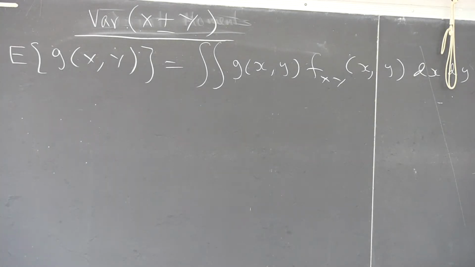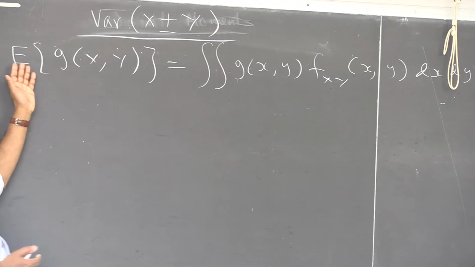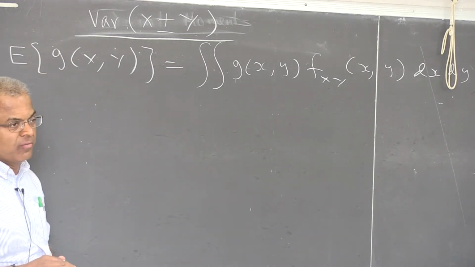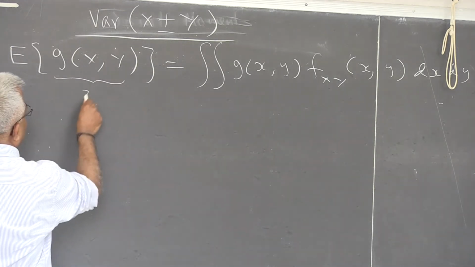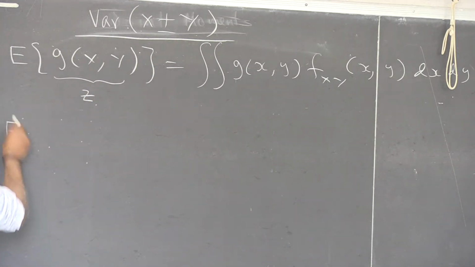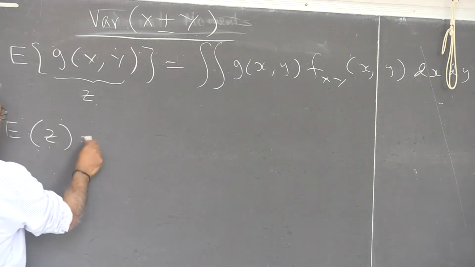So okay, considering two random variables, we have seen the expected value of a function of a random variable. You could interpret this as, if you define g to be z, the expected value of z.